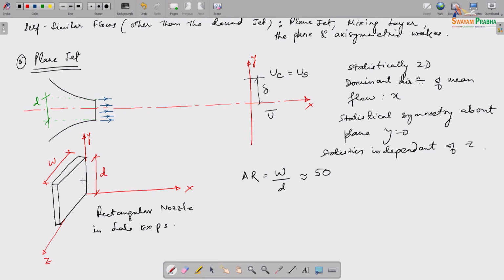Okay, so you can see that about the y-axis, the length is much larger compared to the height in the y direction. So W is about 50 times D.